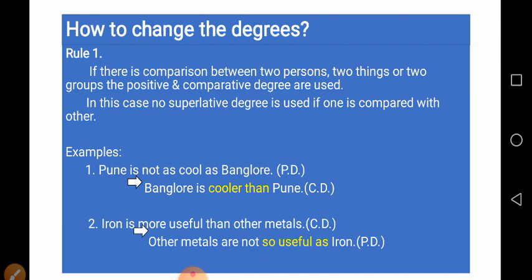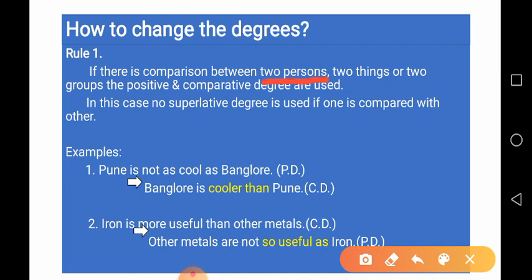If there is a comparison between two persons, remember this, comparison between two persons, two things or two groups, the positive and comparative degree are used. Means if one is compared with the other, there is a comparison between two, in such a case we use positive and comparative degree.